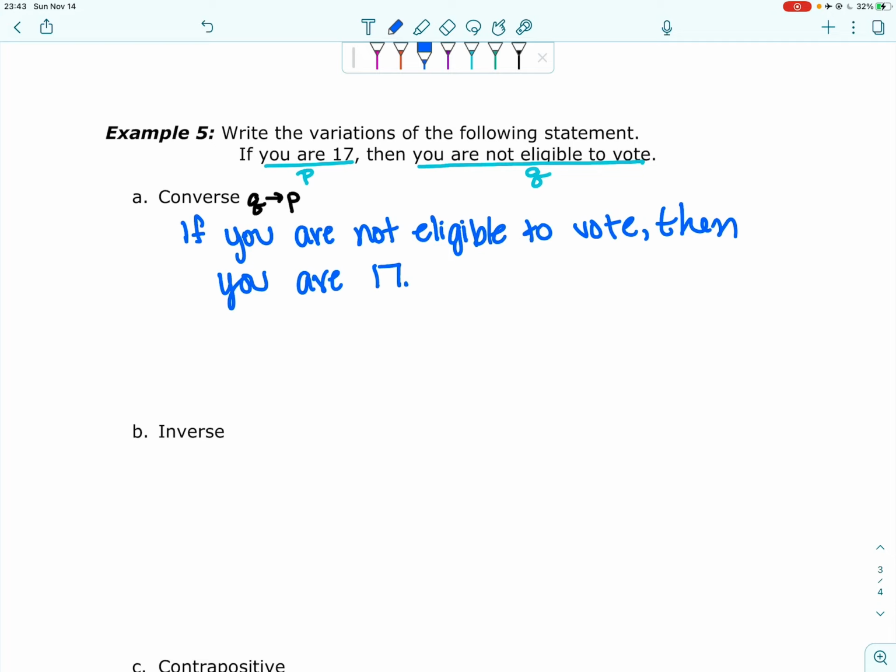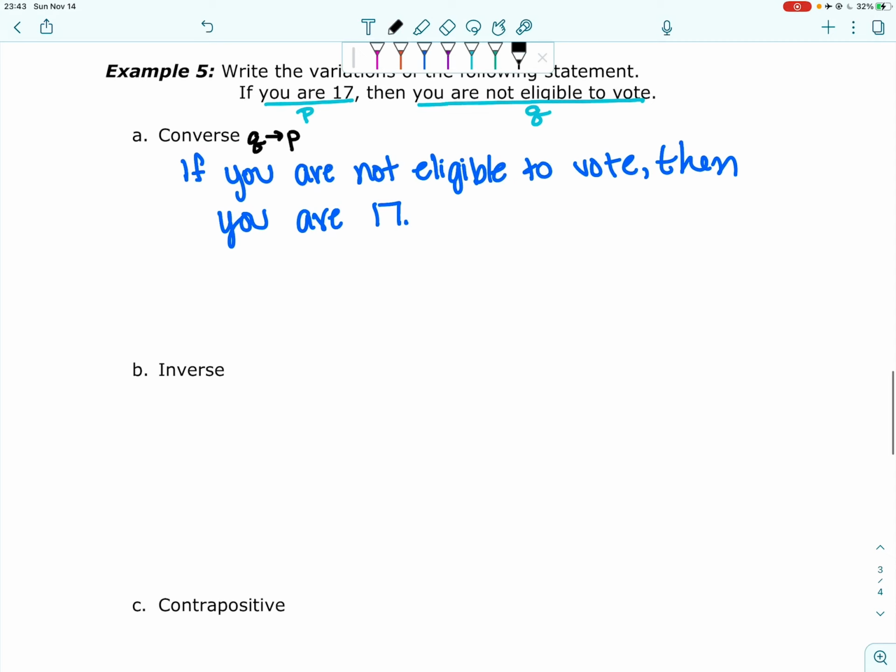And this is one of those ones where it doesn't quite always work when we flip-flop them. But that's okay. We're still going to write them out.